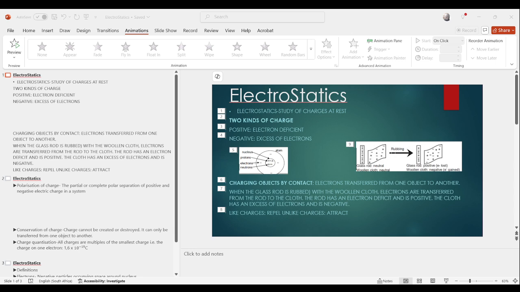It means electrons are the ones that move. Electrons move. So throughout our lesson, we're going to be talking about the movement of electrons. Electrostatics talks about movement of electrons.